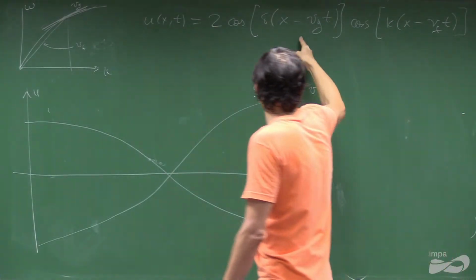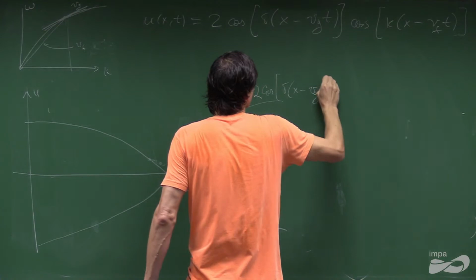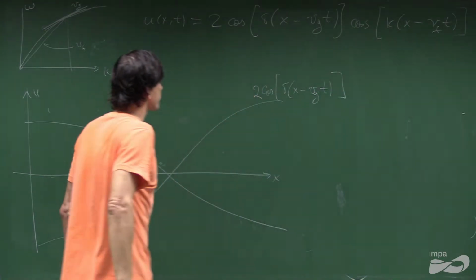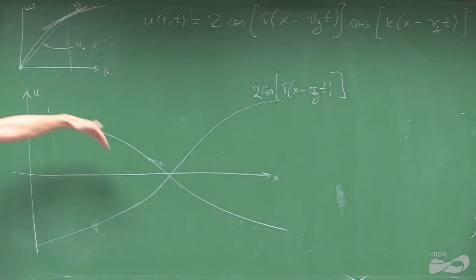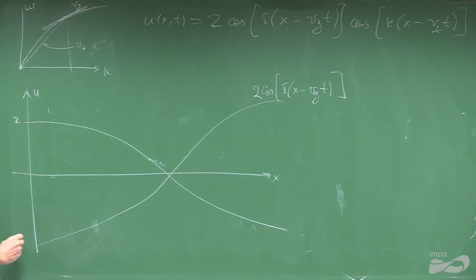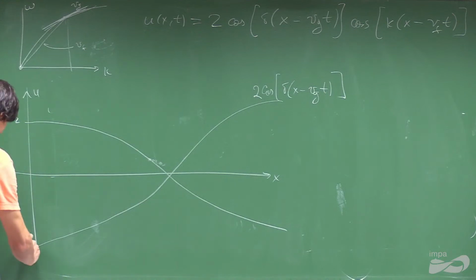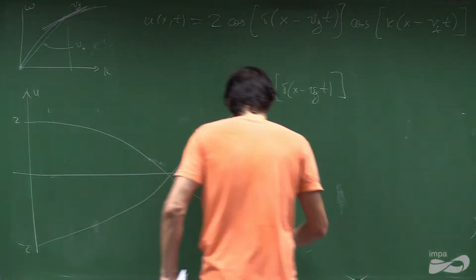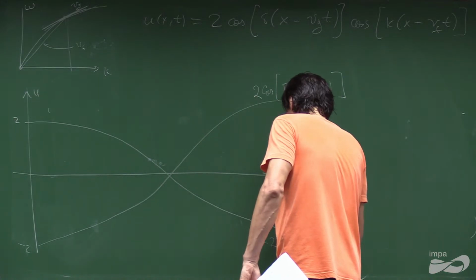So first we'll draw this cosine, which is slow. It goes from value 2 to minus 2. And this is with plus, and then we also plot the other with minus.